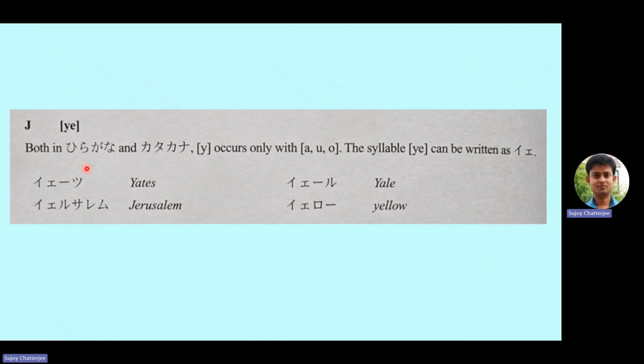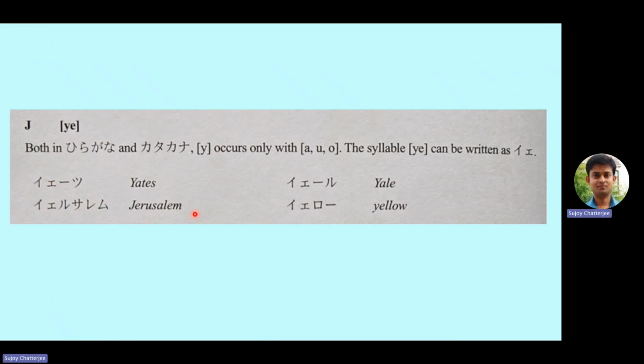Ye. Both in hiragana and katakana, Y occurs only with A, U, O. The syllable ye can be written as E followed by a small a, to give the pronunciation of ye. So yes becomes yetto.